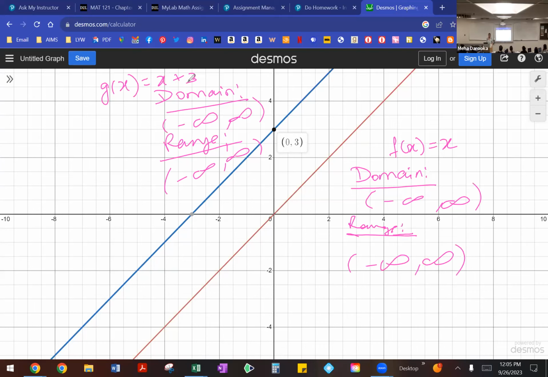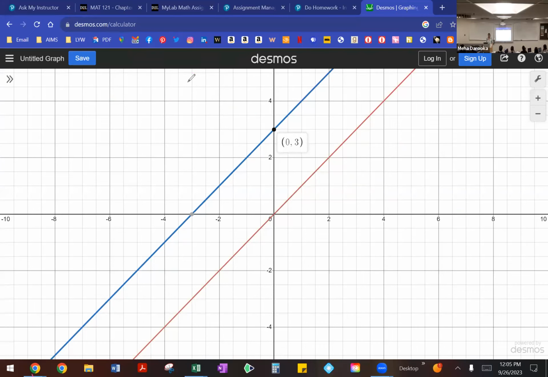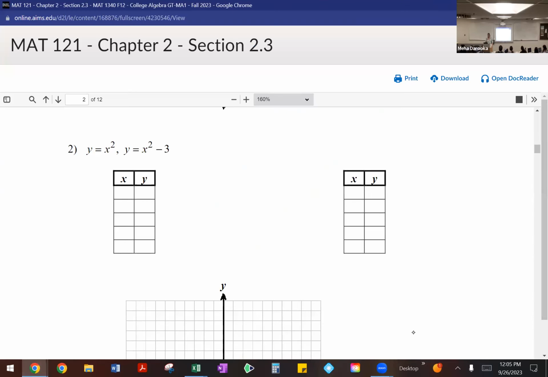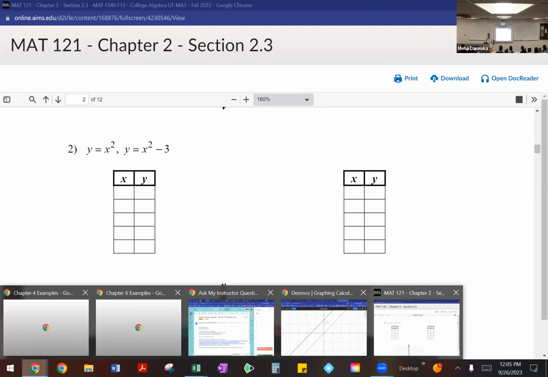It just literally picked it up and moved it 3 units up. All right. Now let's do our square function. So that's x squared and x squared minus 3.